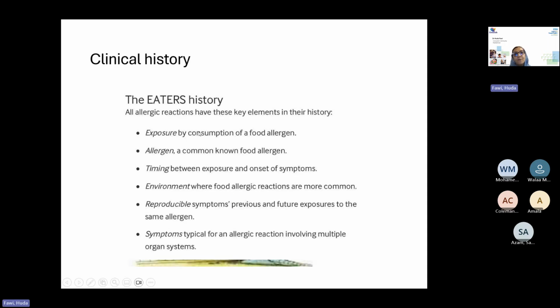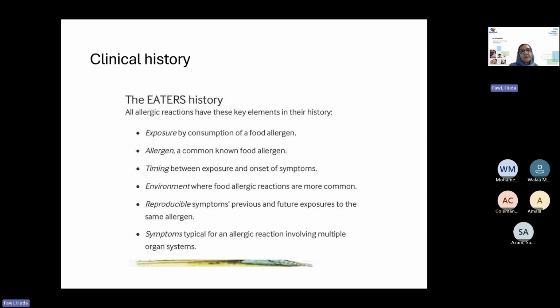We've got a few formats of history. So the eater's history, you need to take key elements in the history. Number one, exposure, the allergen, timing, the environment, how reproducible it is, and the symptoms.